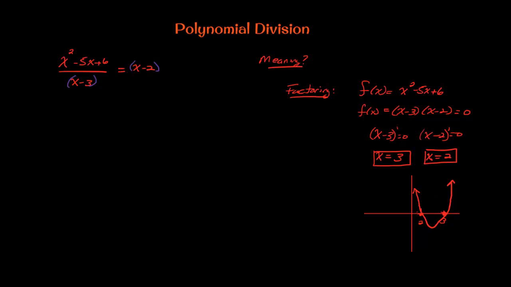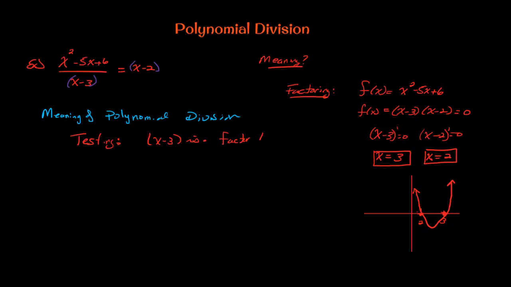So let's talk about what this means. Let's discuss the meaning of polynomial division. Specifically, in this first example we did before, we were testing whether x minus 3 is a factor that divides evenly into x squared minus 5x plus 6.